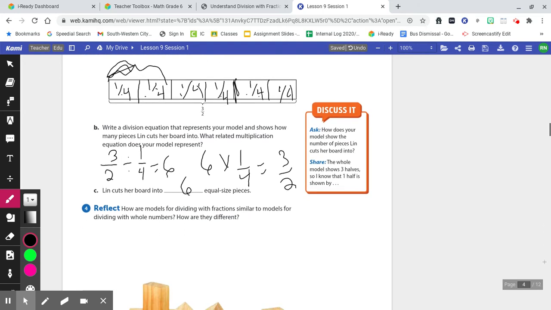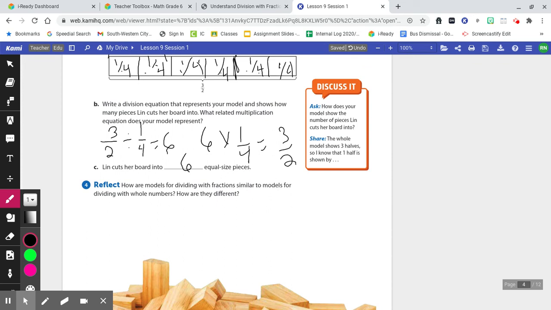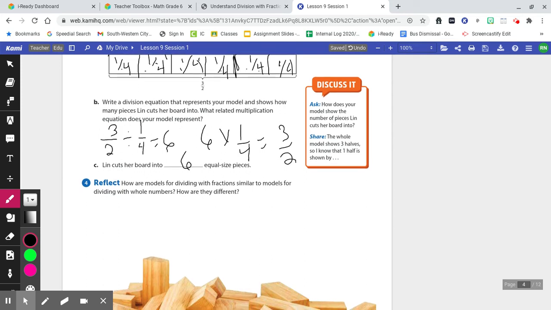Reflect. How are the models for dividing with fractions similar to models for dividing with whole numbers? How are they different? You can pause the video and write your answer. If you did, you may have said something along the line of, models for dividing with fractions are similar to models for dividing with whole numbers because both types of models show some quantity separated into a number of equal parts.